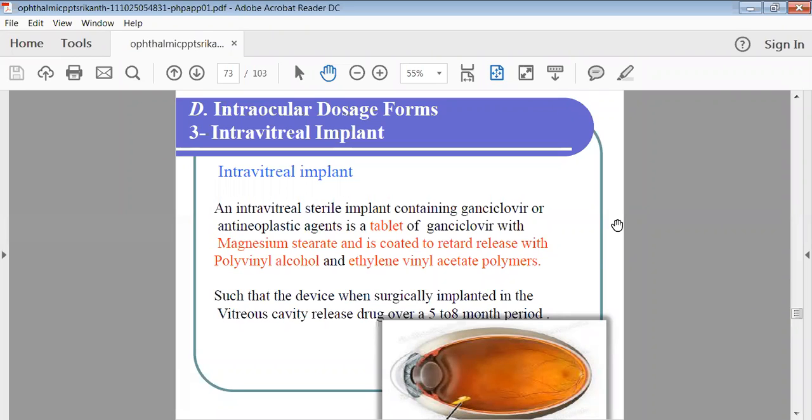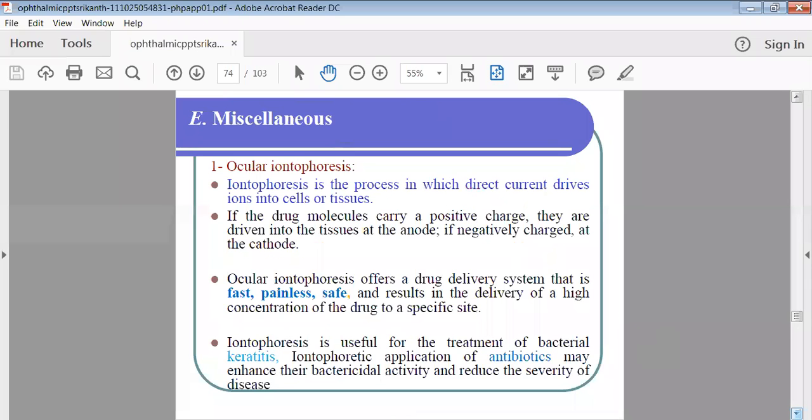Such devices are surgically implanted inside the eyes for delivery of the drug for a 5 to 8 month period. So for a longer period, we can use the drug by using such implants. These are tablet-type implants containing a number of drugs.